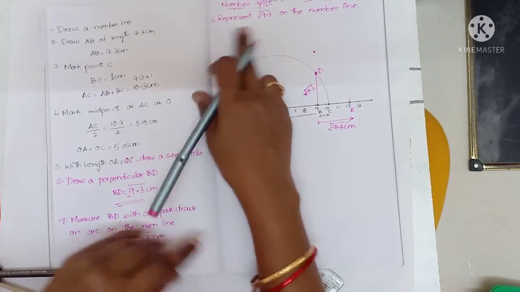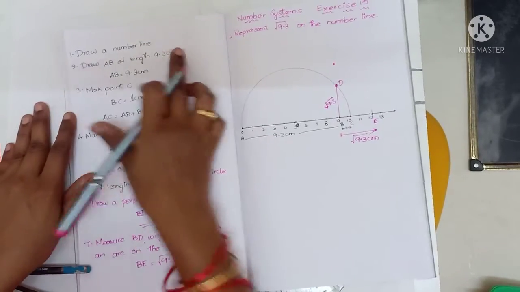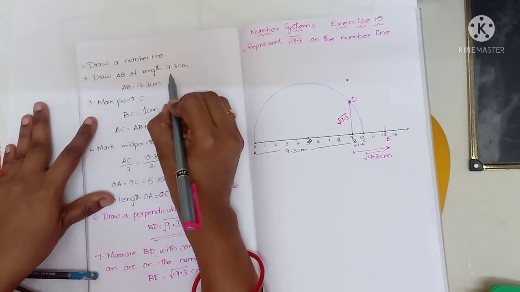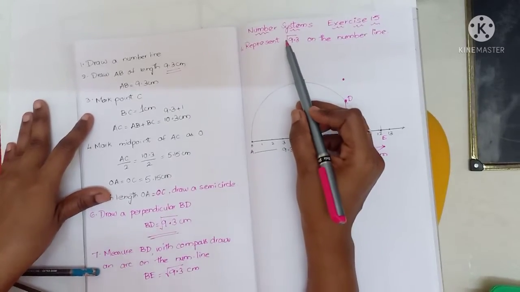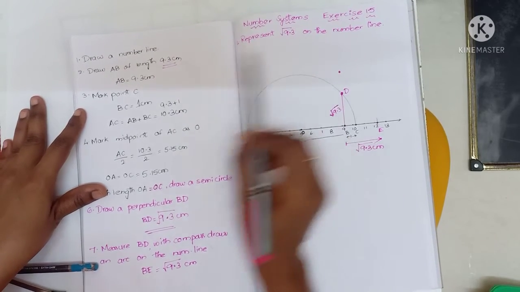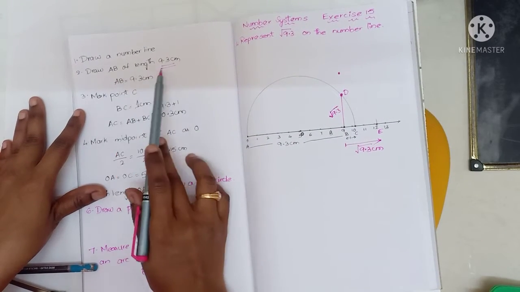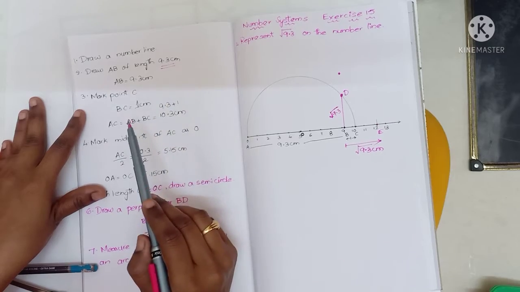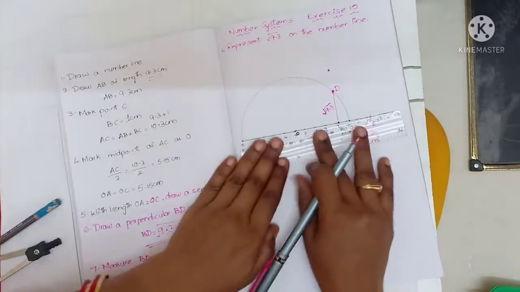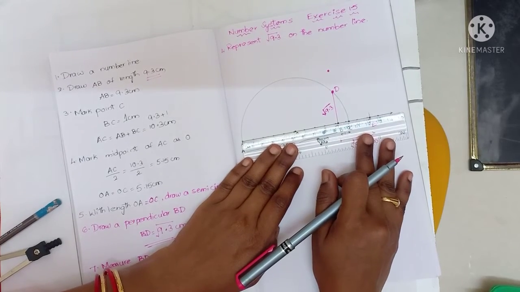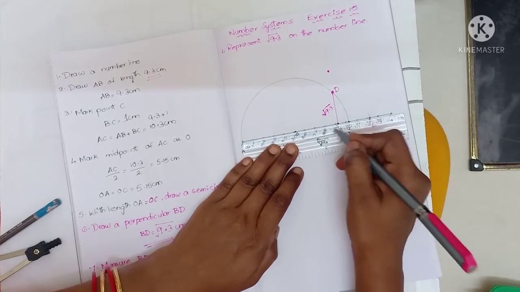What did we do? First step is, you should draw a number line, then draw AB of length 9.3 centimeters. They are asking to represent root 9.3. So, first draw AB of length 9.3 centimeters, children. Draw AB on the number line from 0, mark 9.3.